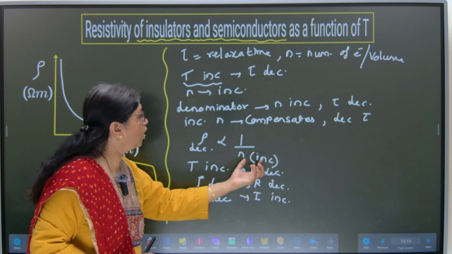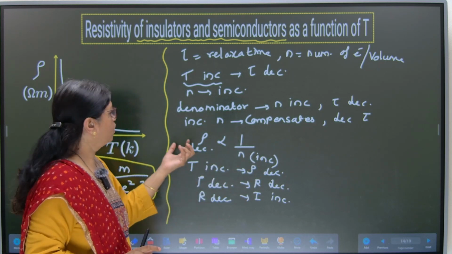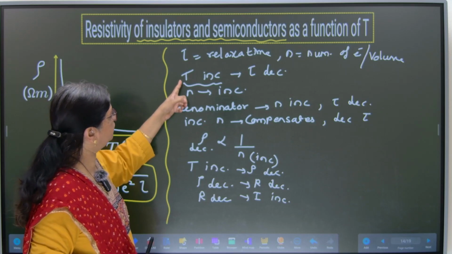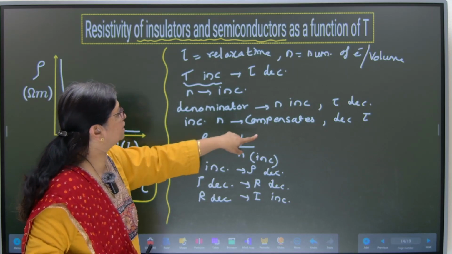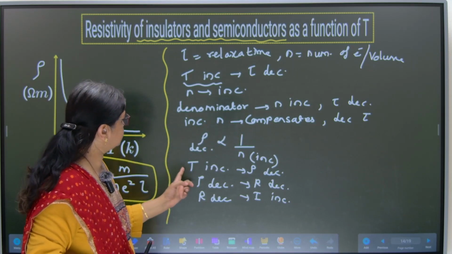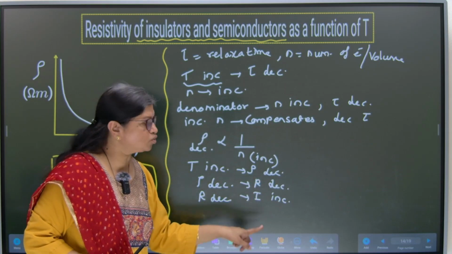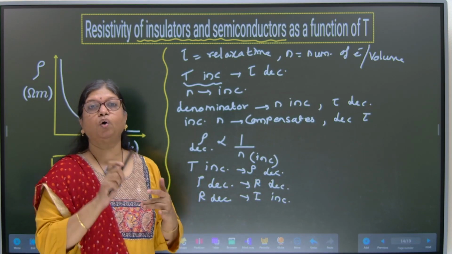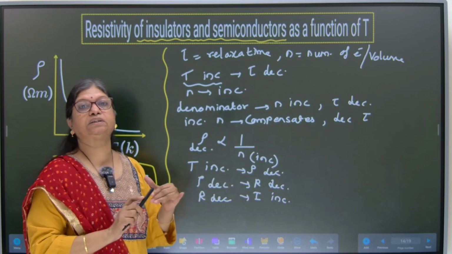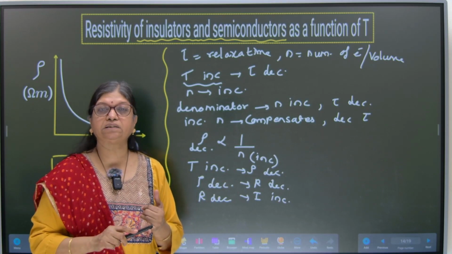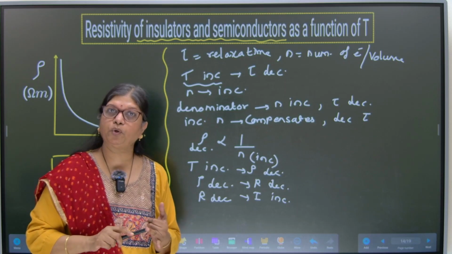So the denominator increases, rho decreases. So finally we come to the first till the last. So first is temperature increases, rho decreases, and so on. So any of these proportionalities can be asked in the entrance or in our regular board exam.